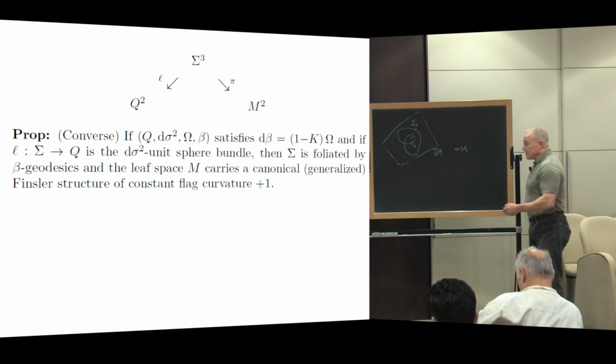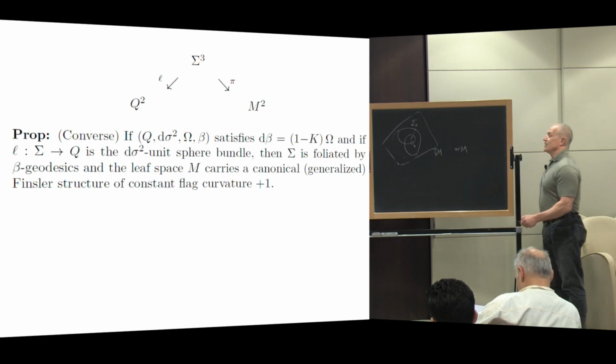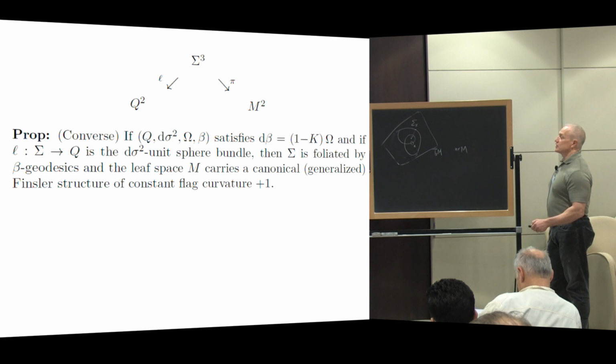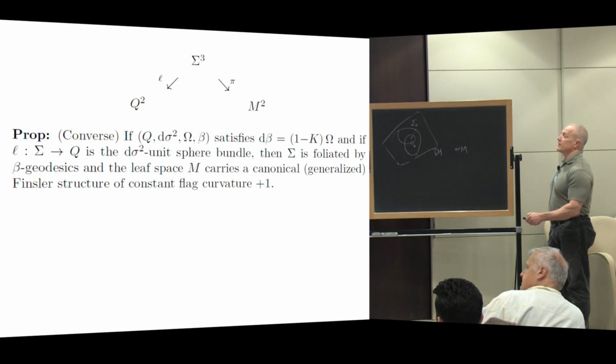So in fact, this gives the micro-local answer about how many Finsler structures of constant flag curvature plus 1 there are in dimension 2. Basically, you get to choose a metric and you get to choose a beta that satisfies this one differential equation. Of course, up to diffeomorphism, a metric depends on one function of 2 variables, and a one form would depend on 2 functions of one variable, but we're specifying its exterior derivative, and so that cuts us down to 1 function of one variable.